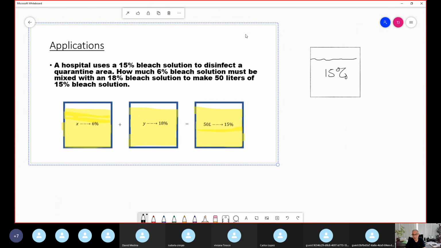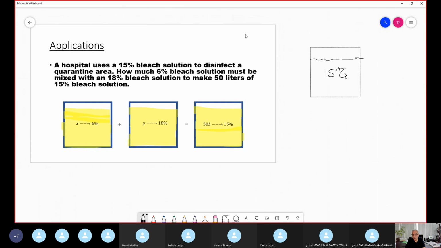Well, that means in the volume of this liquid we have 15% of pure bleach, and the rest is 85, because total is 100%, is water. This is the concentration. So it's a concentration of this. Does it make sense or no?